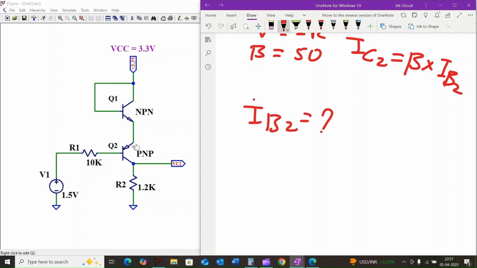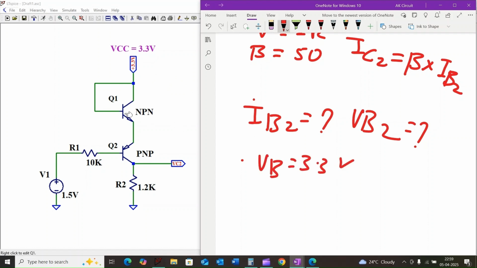This is the base current of the second transistor Q2. To find the base current, we need to know the voltage at the base of the second transistor, that is VB2. Let's look at the first part of the circuit. Here VCC and VB1 are directly shorted, so the voltage VB1 is equal to 3 volt, and the base to emitter voltage of the first transistor, VBE1, is equal to 0.7 volt.